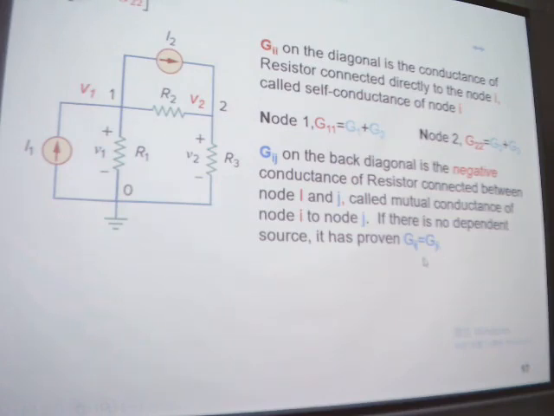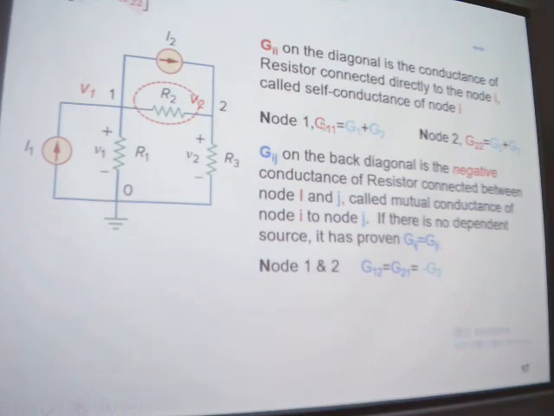And from the electrical and magnetic field courses, we can prove Gij equals Gji. We had proved this in that course, so here we just use the result. So here, our G12 is equal to G21, equal to minus G2.